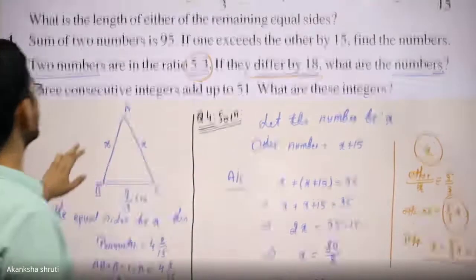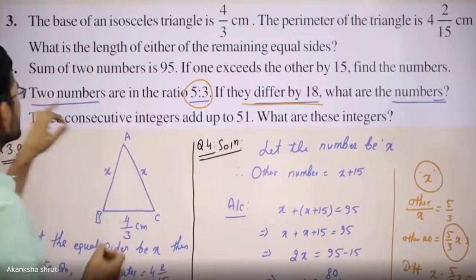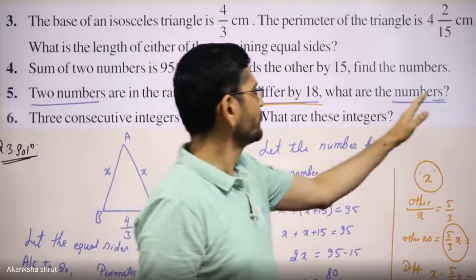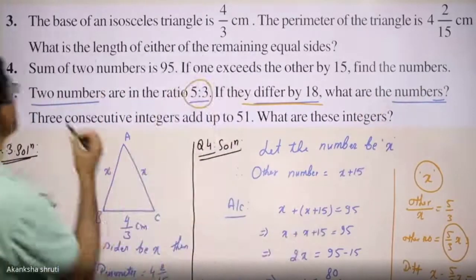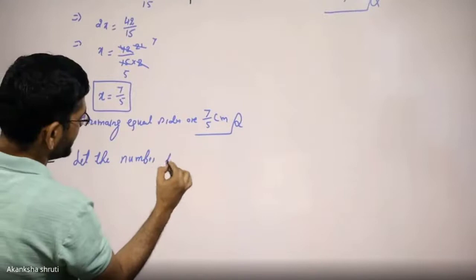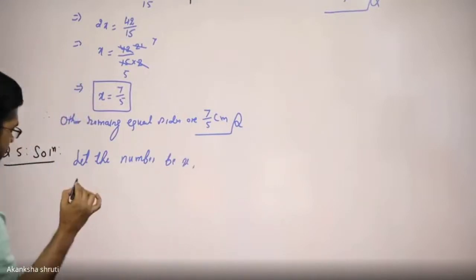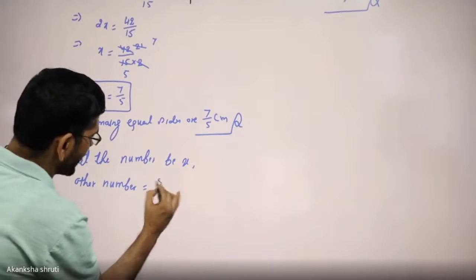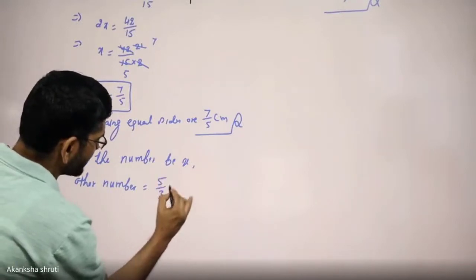So let me write it quickly. Two numbers are in the ratio of 5 by 3. They differ by 18. What are the numbers? So write this for question number 5. Let the number be x. Therefore, the other number, it is given that it is in the ratio of 5 by 3, so the other number will be 5 by 3x.